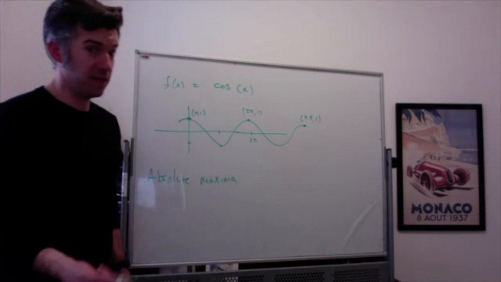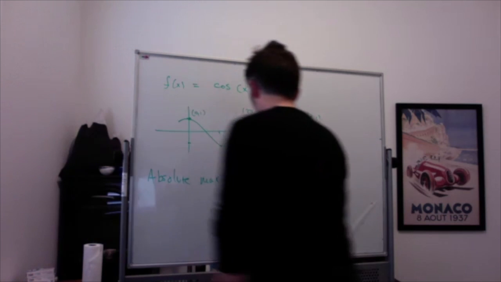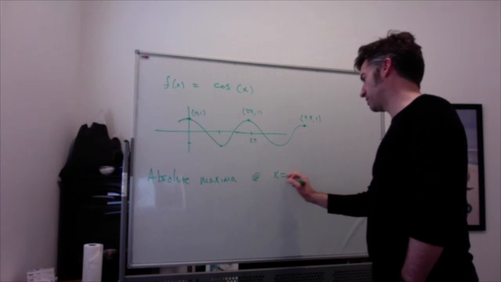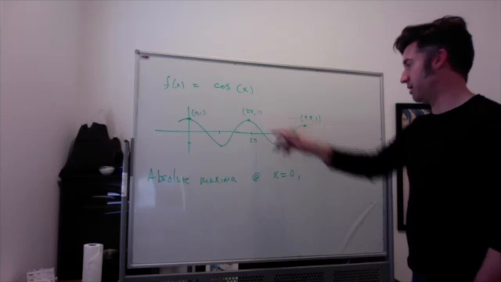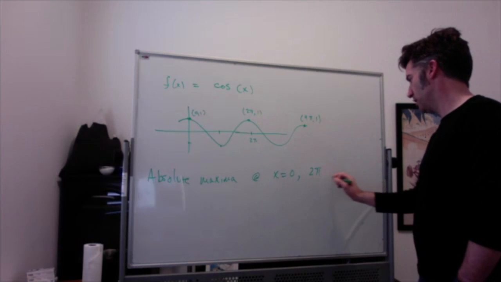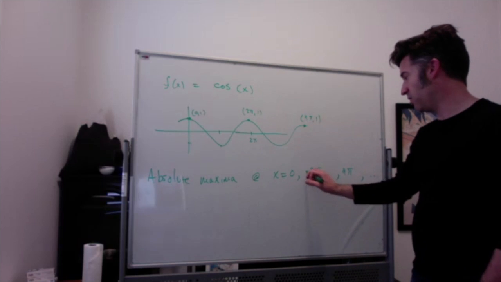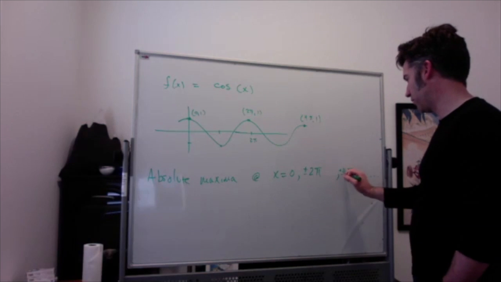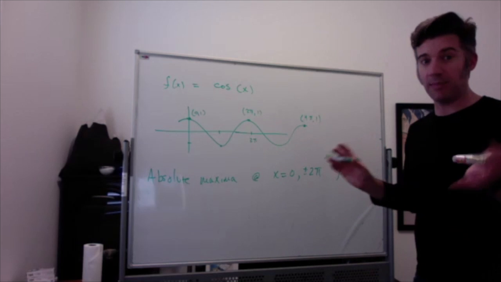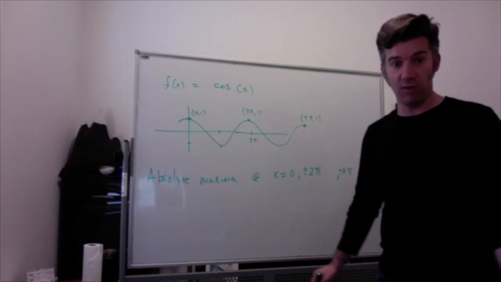We have an infinite number of absolute maxima at x equals 0, and at 2 pi, 4 pi, 6 pi, and at negative 2 pi and negative 4 pi as well. This one has absolute maxima at every even multiple of pi.